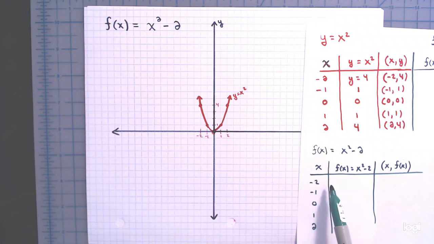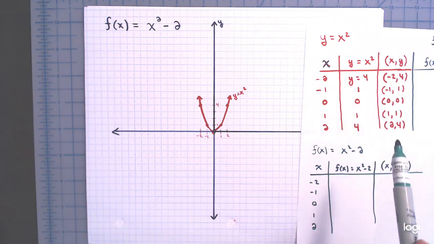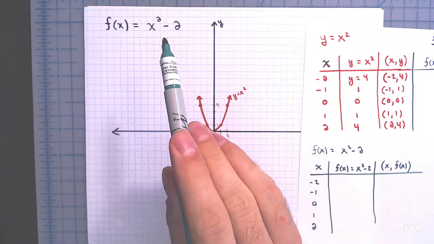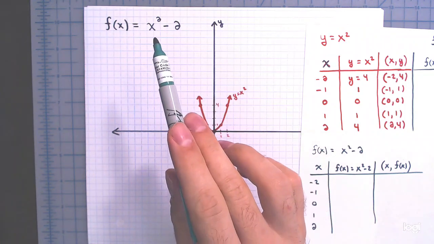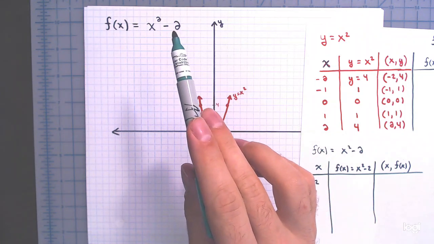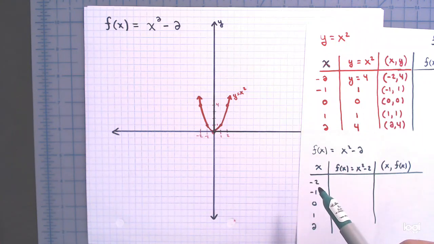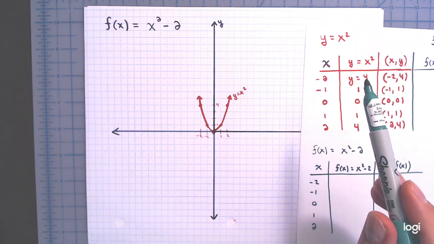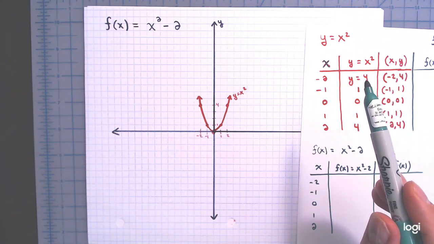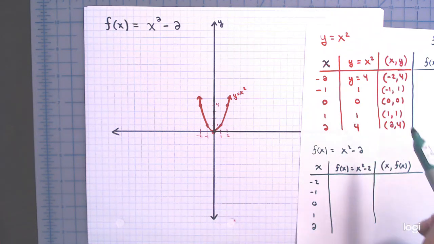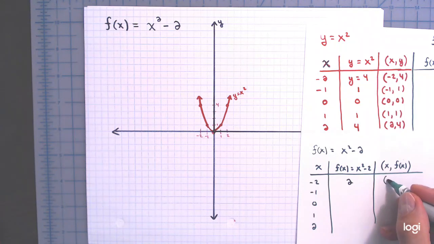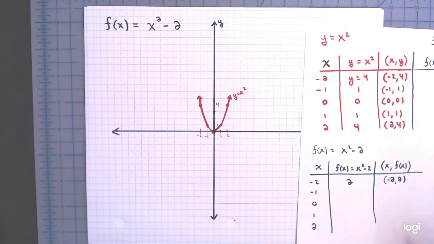Alright, so hopefully you can see that all I'm going to be doing, for the y coordinates of this new graph, is taking the y coordinates of the original and subtracting 2. So look at this. When x is -2, you got your x squared, which is 4. -2 squared is 4. So that y coordinate up here, but then -2. So 4 minus 2, 2. So the ordered pair is -2, 2.